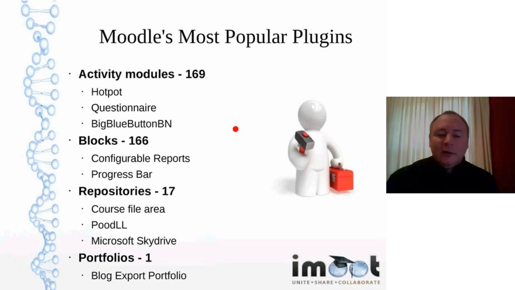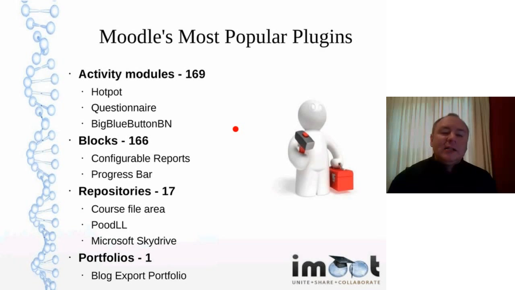Activity modules are designed to help students engage in the materials and to actually do something. The classic one is a forum where people get involved in an online discussion. Things like Hotpot, which allow teachers to give Hotpot quizzes and related services on their Moodle sites, was kind of the number one.